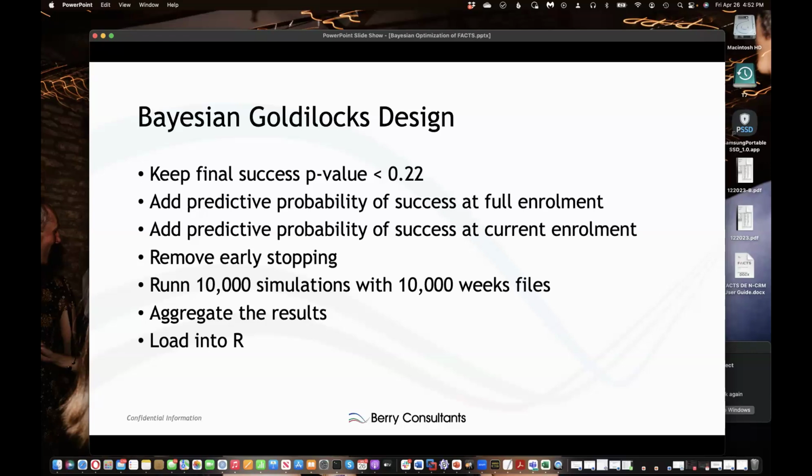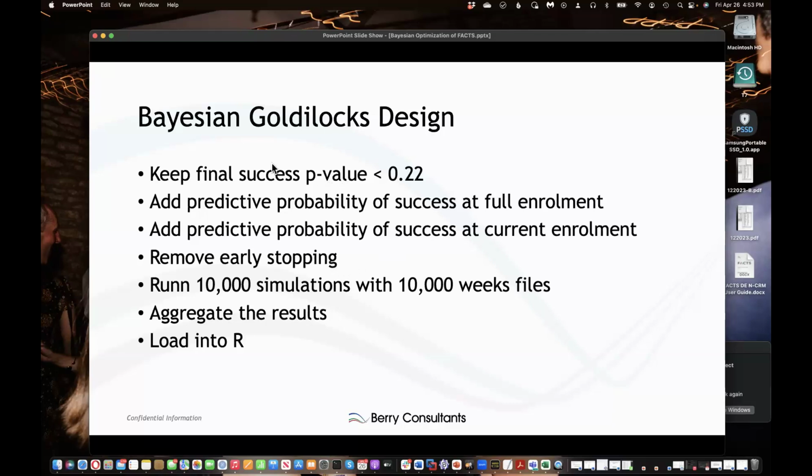The probability of success at full enrollment will be used for stopping for futility. If the probability of success, even if we go all the way to the end, is sufficiently low, then we'll stop for futility now. Whereas the probability of success at current enrollment, we'll use that to stop enrolling at this point, and then follow up the enrolled but not complete subjects, and then do our p-value test.